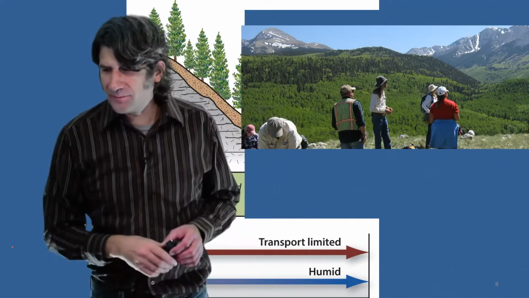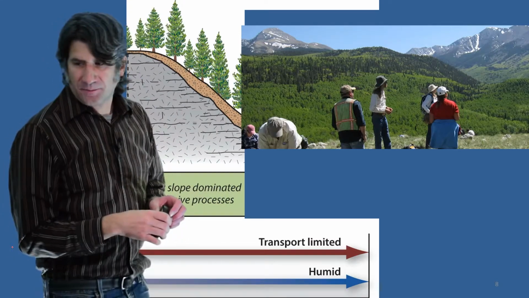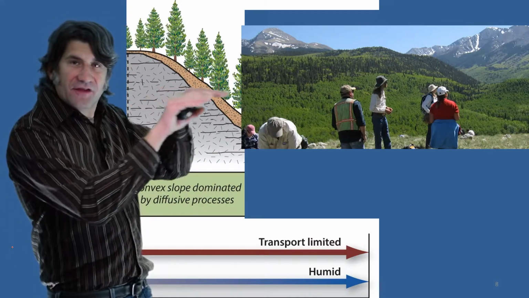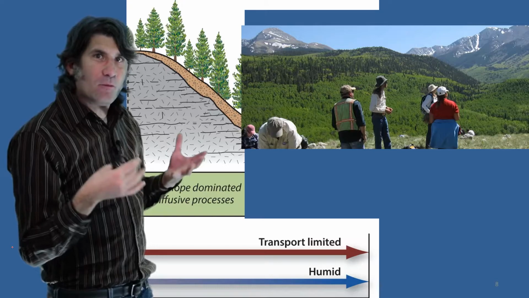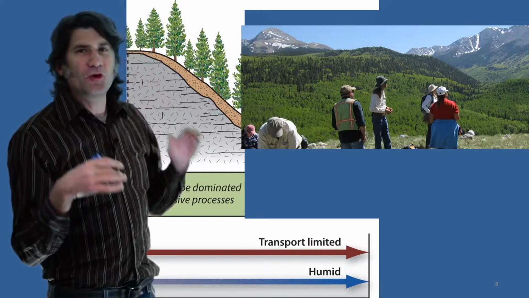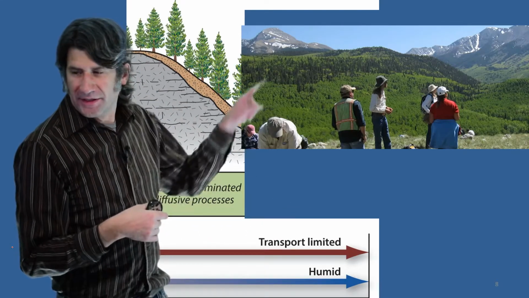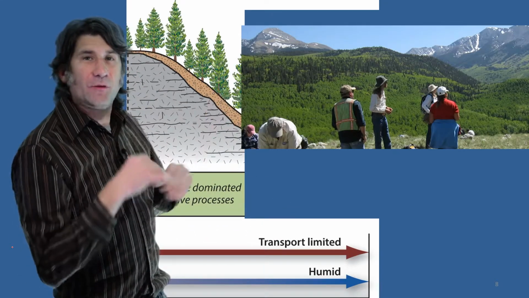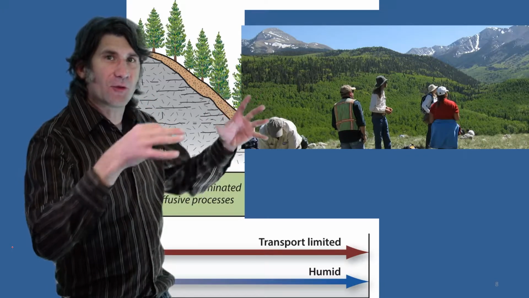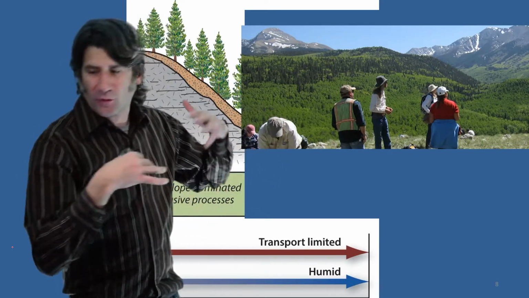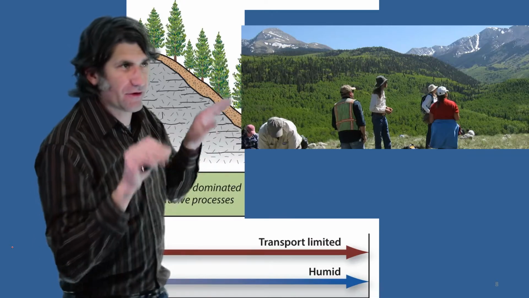All right, if we flip to the other side here, we end up with convex hill slopes that we see in more humid climates. Here we call these transport limited, because we can do more weathering, we produce more material on the hill slopes, and we can't transport it off. We're limited by our ability to transport the material off the slope.